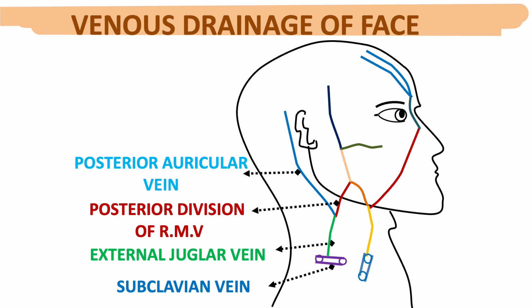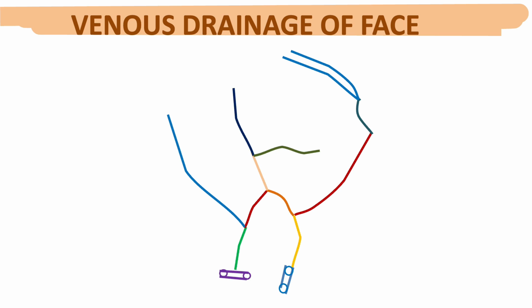Basically, we have two veins which are responsible for the venous drainage of the face. First one is the facial vein and second one is the retromandibular vein. Just a quick revision in summarized form.